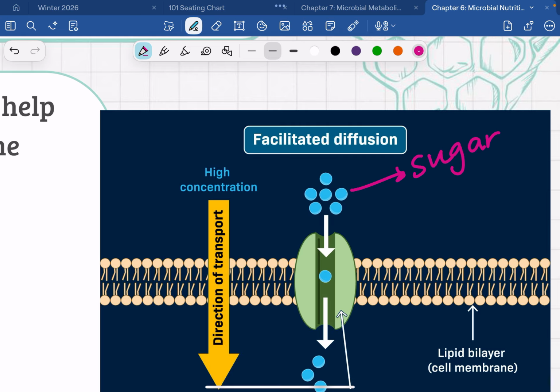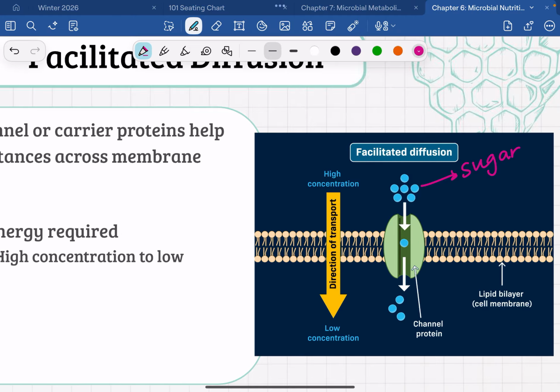But if a cell wants to be able to bring that molecule inside of its cell, it will have a specific channel in the plasma membrane that is specifically meant for that molecule. And there's usually one channel for one type of protein or sugar or other molecule. They're very specific.